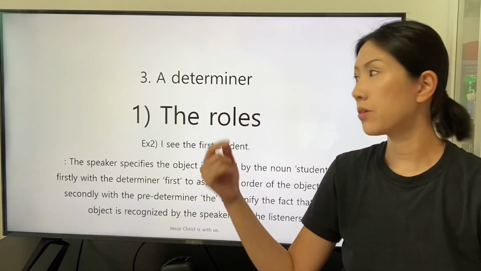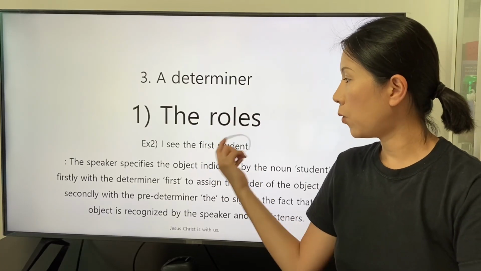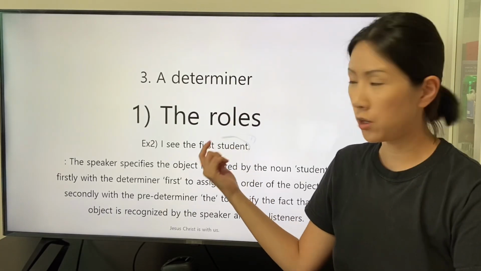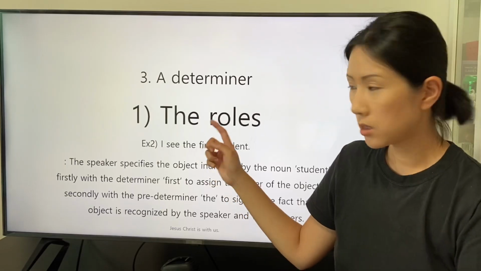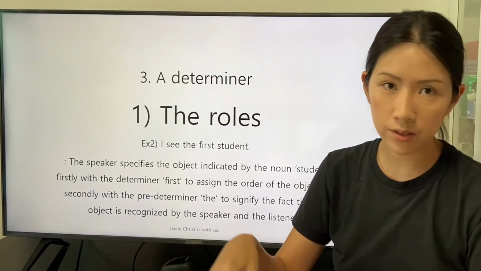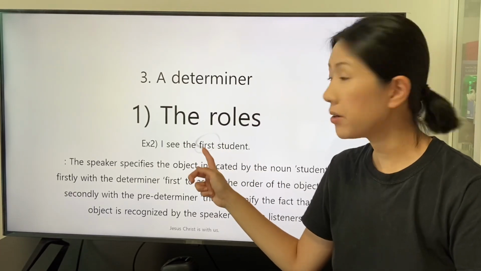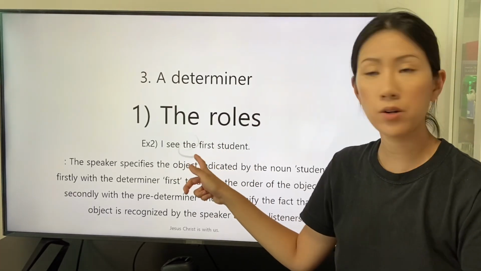We can understand the description for the object indicated by the general noun is started from the description by the determiner and the predeterminer.